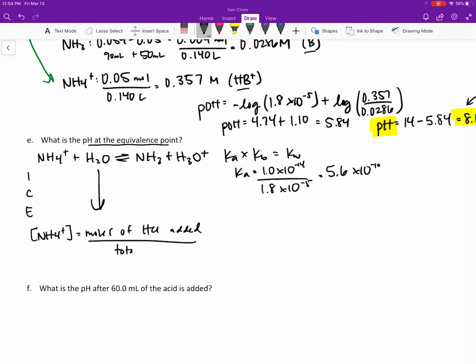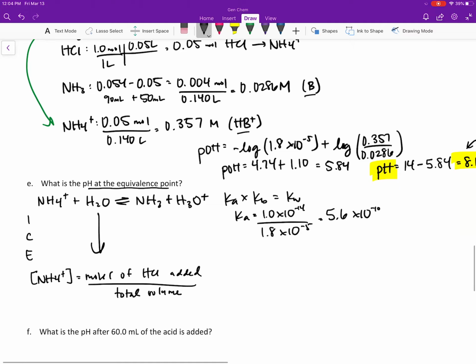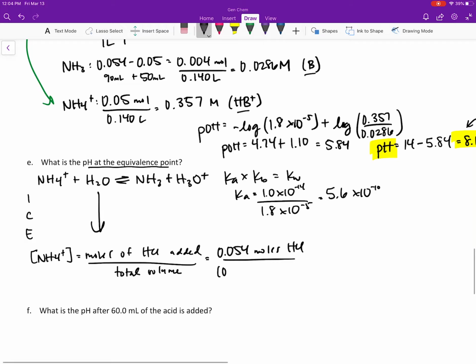At the equivalence point, which we determined to be 54 milliliters, I would have added 0.054 moles of HCl. I started with 0.09 liters of ammonia, and I've added 0.054 liters of HCl. So when I do this problem, it's going to give me a new molarity of 0.375 of ammonium ion.